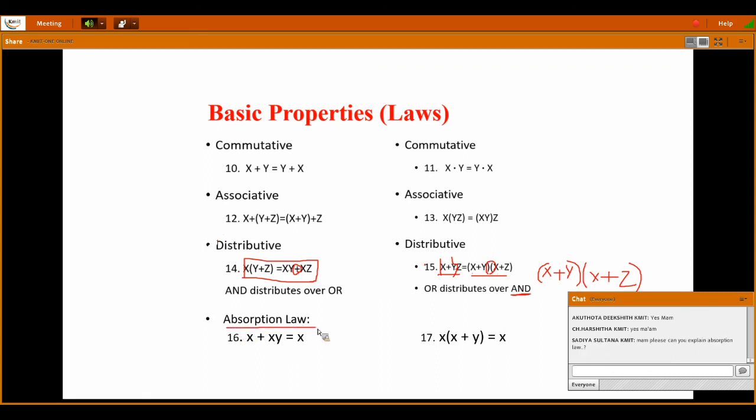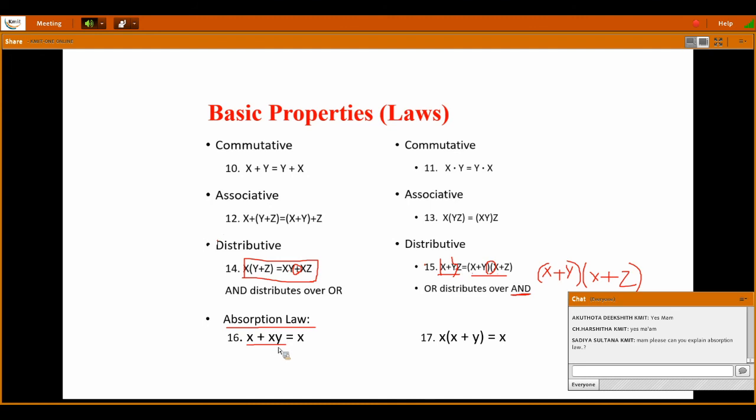Okay, and next is what? Absorption law. Yes, I am explaining absorption law. When we simplify an expression, sometimes we may find the variables in this way, like x plus xy. If you solve this, it will take some 2 to 3 steps.